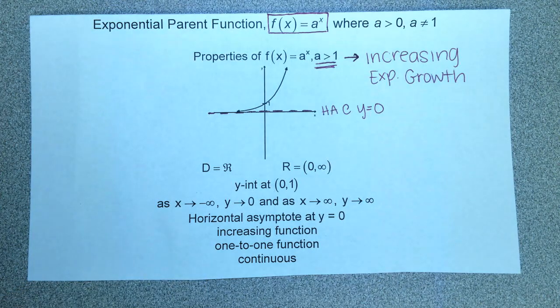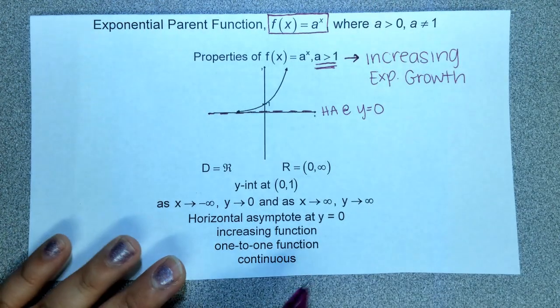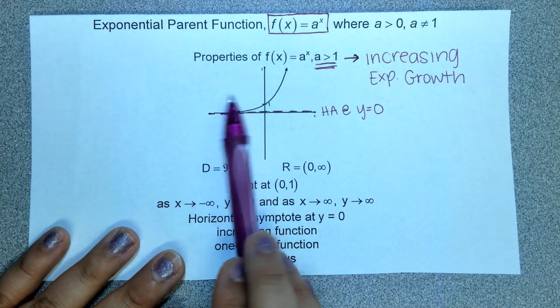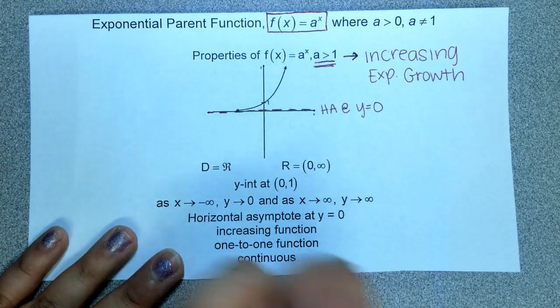Now, for all exponential functions, the domain is all real numbers. The range is 0 to infinity because of the asymptote, it's above it.